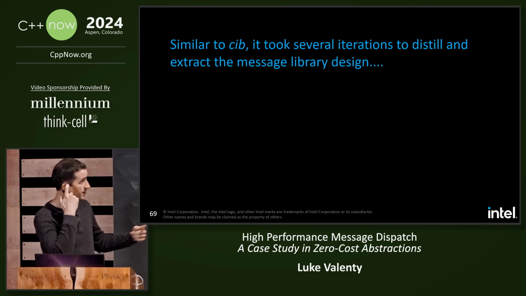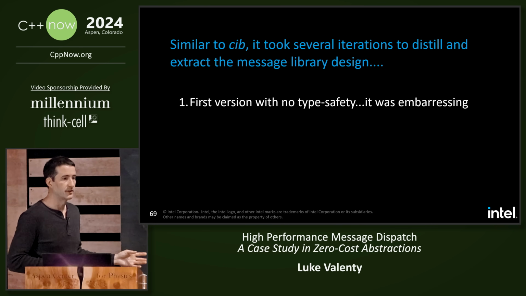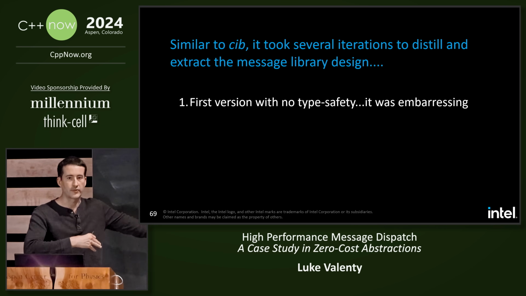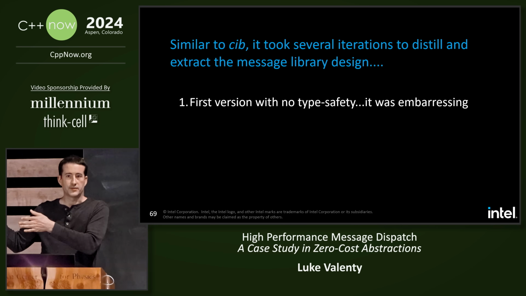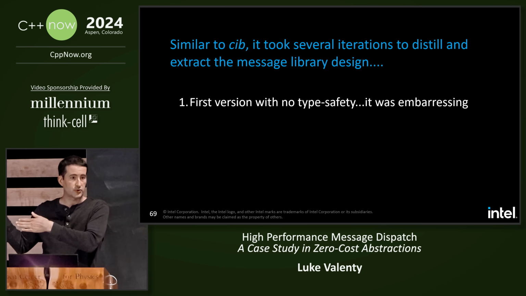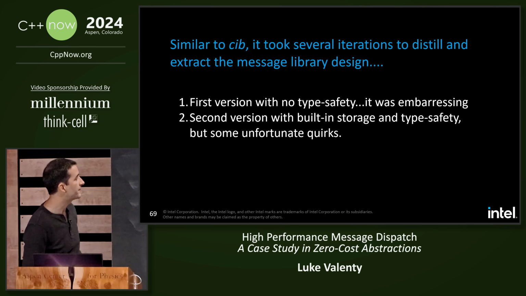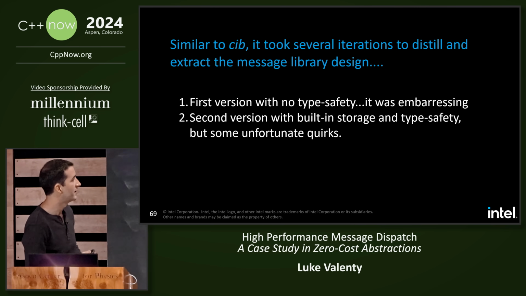So again, this took several iterations for us to figure out. The first version had no type safety. It was basically you pass an array around, and then there are these field declarations that you can use on an array, and they know how to extract and insert data. That was embarrassing and it's painful, and I'm still paying for that sin.